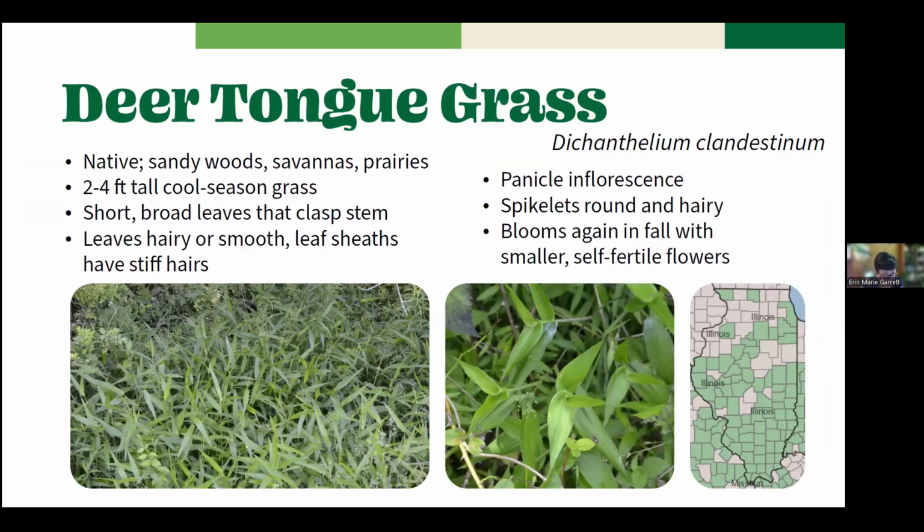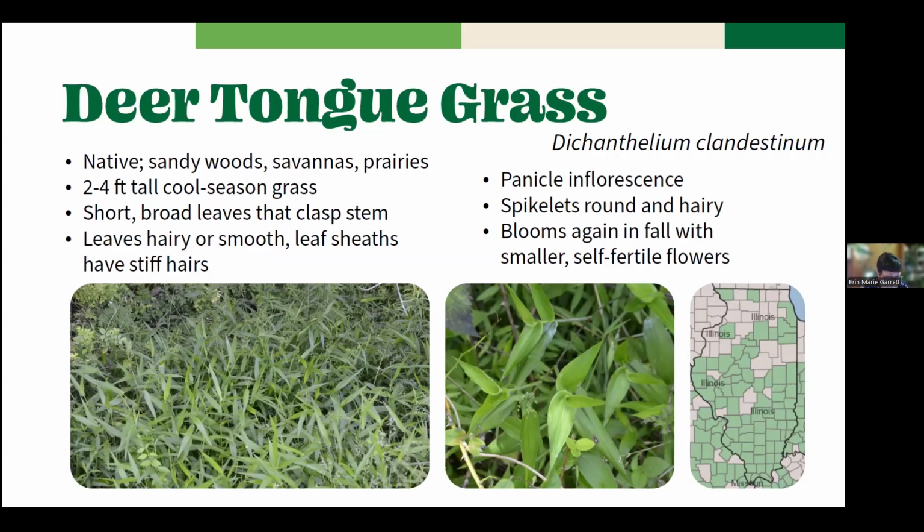They're very difficult to tell apart, but the two we talked about yesterday and this one today are the most easily identifiable ones. So deer tongue grass is native. A lot of people consider it a weedier grass because it does grow in disturbed areas on woodland edges, edges of restorations. In that way, I think it's a really fun grass.